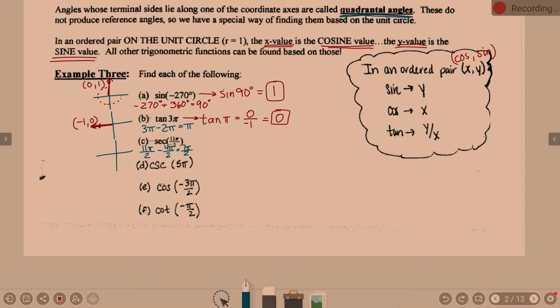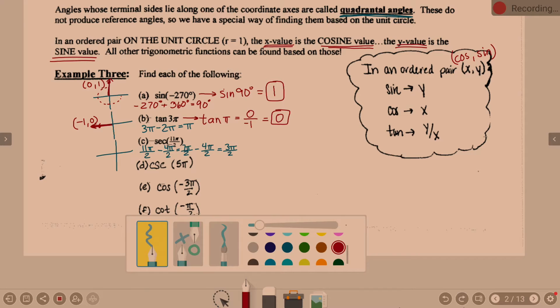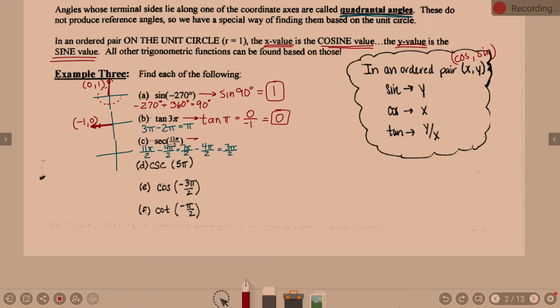Add or subtract. This is what Carter was just talking about. Add or subtract however many 2 pi's you need to. So I'm going to subtract another 2 pi, which is 4 pi over 2. 7 pi over 2 minus 4 pi over 2 is 3 pi over 2. Hey, now I know where I'm at. So, I'm asking myself, what is the secant of 3 pi over 2?